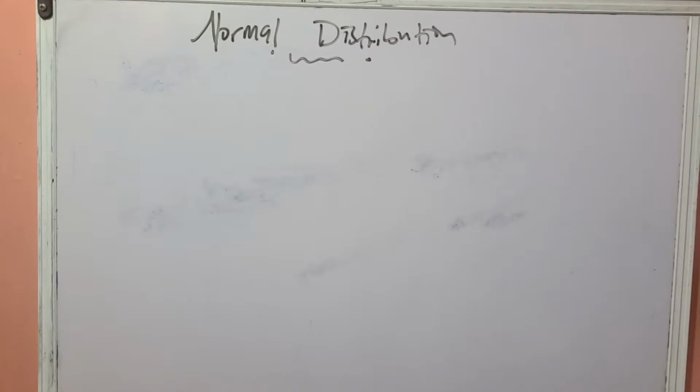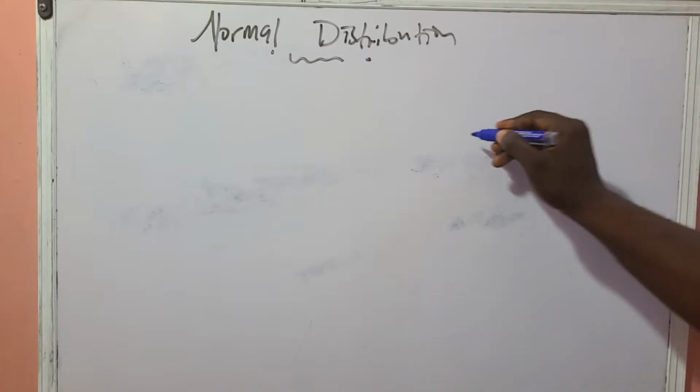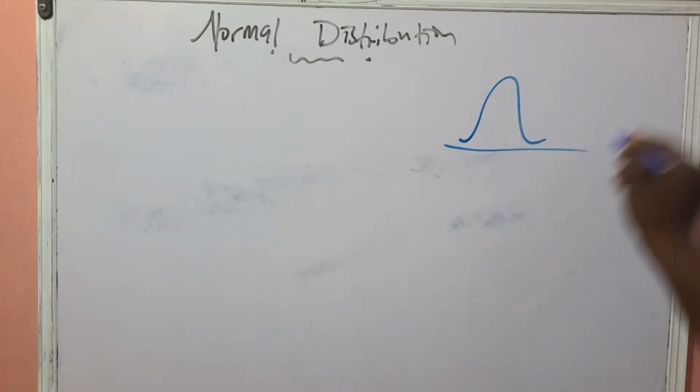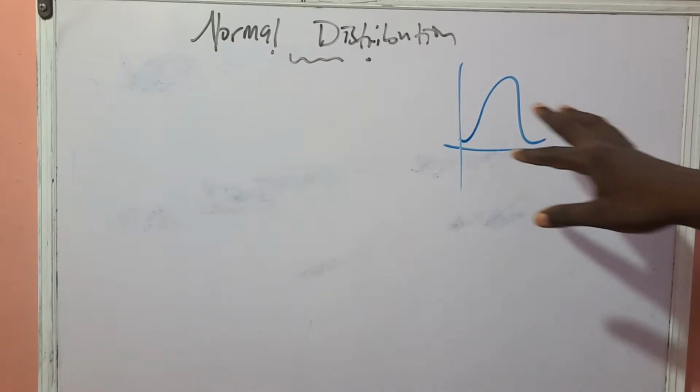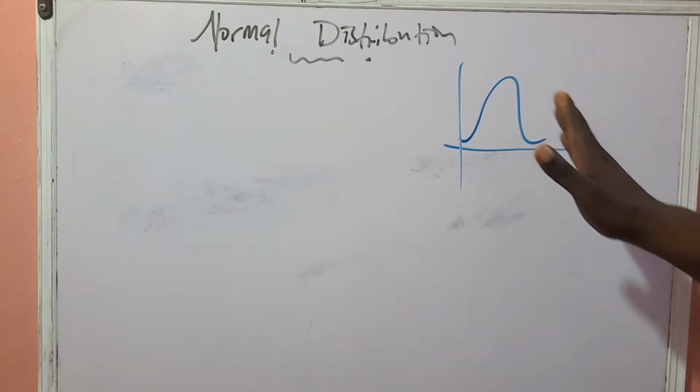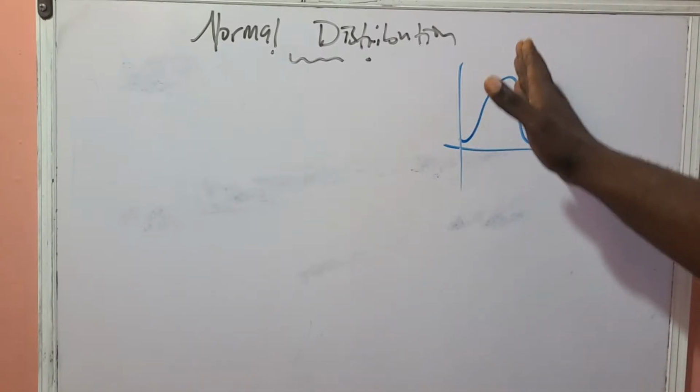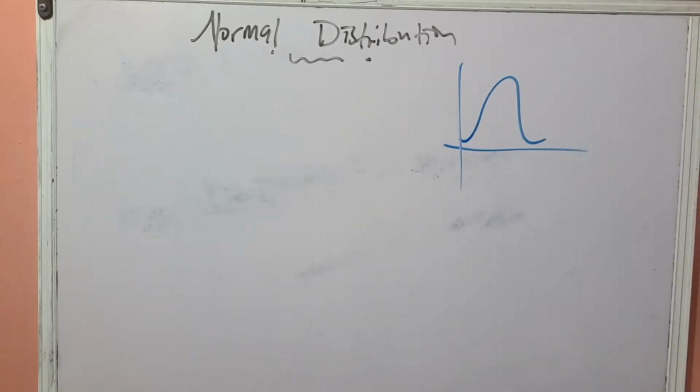But quickly, guys, when we were talking in our last class, I told you guys that the first thing you need to know about normal distribution is that it's a symmetric distribution. Symmetric means that the distribution will be divided into two equal halves.